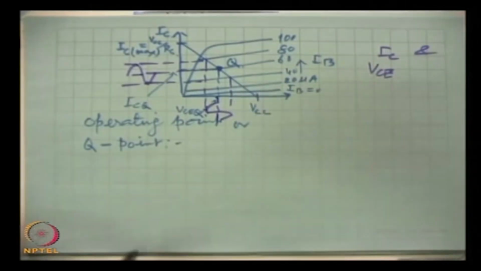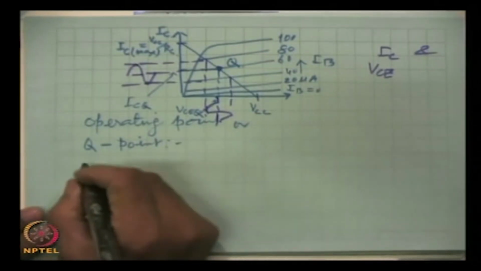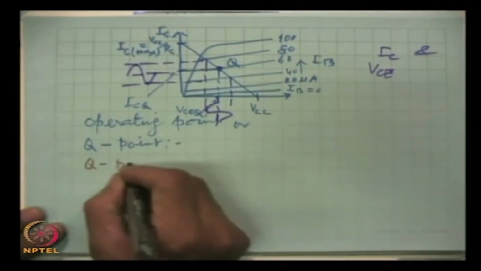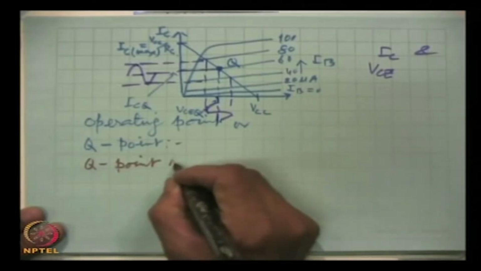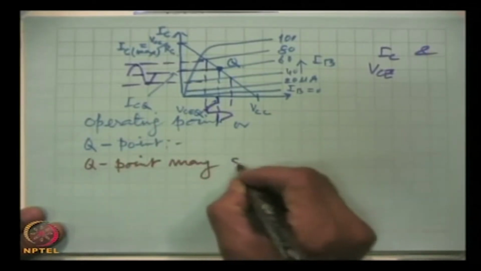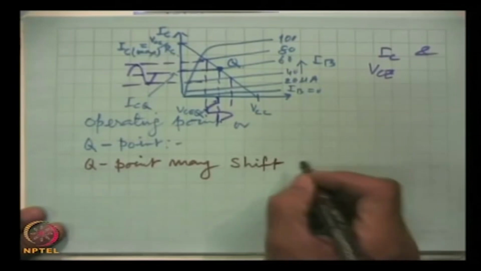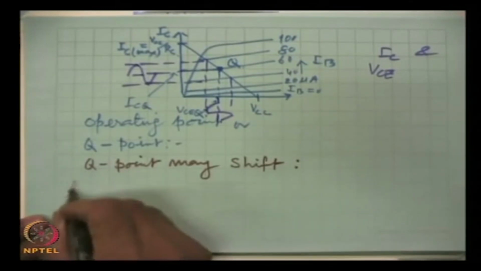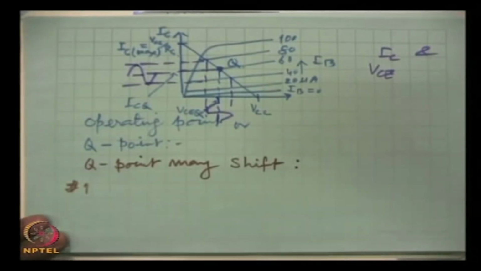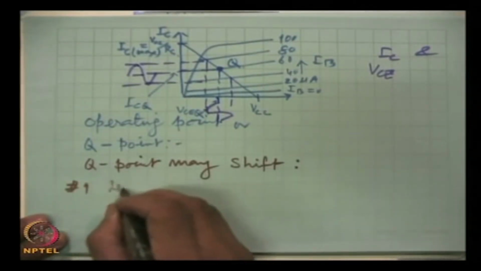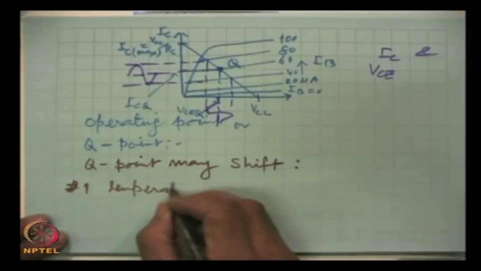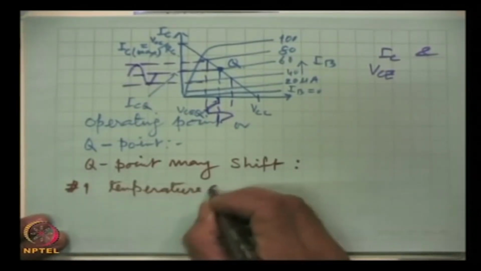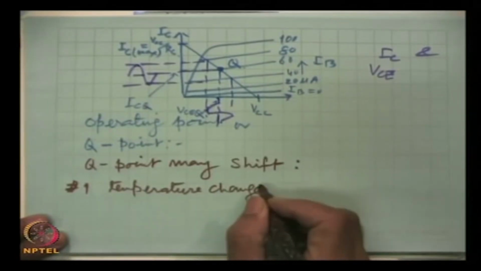Let me first write why the Q point should vary. The Q point may shift because of temperature change.